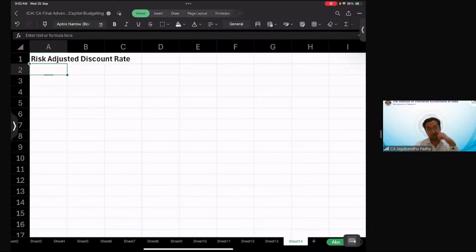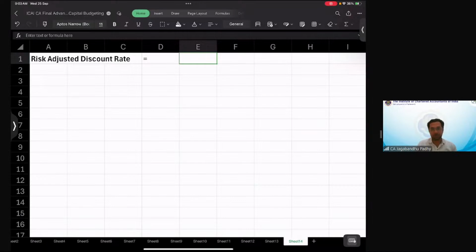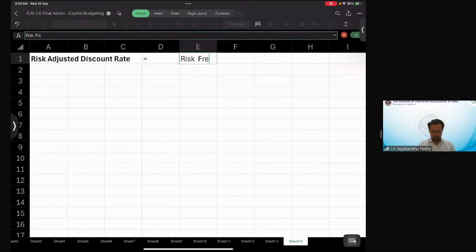So if a project has cash flows which are subject to fluctuation, some sort of risk, we need to discount that at a higher rate. The risk-adjusted discount rate is not rocket science. It is simply the risk-free rate plus the risk premium.